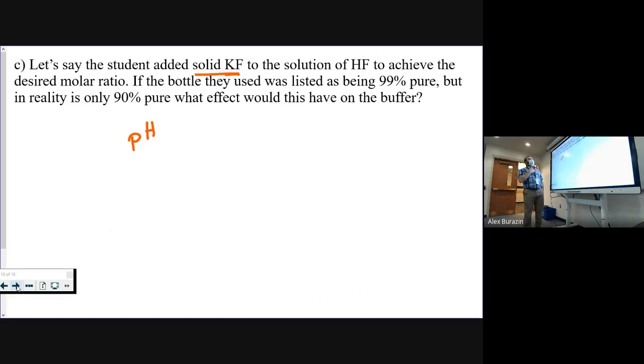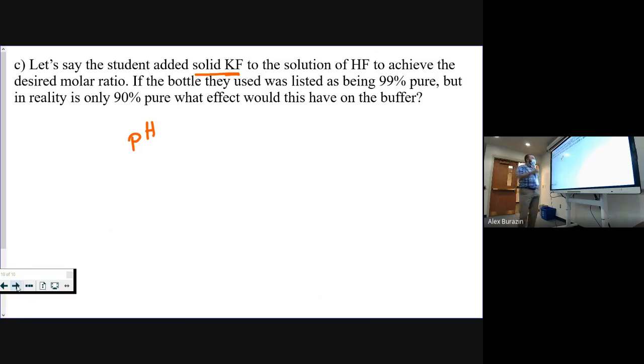Correct. What we are adding is the salt that contains our conjugate base. If we add what we think is the correct quantity, but we realize that what we've added is not pure, that means we're introducing less base to our buffer than we thought we were, right? And if we're adding less base to our buffer than we thought we were, our true ratio is actually more acidic than what we had on paper.